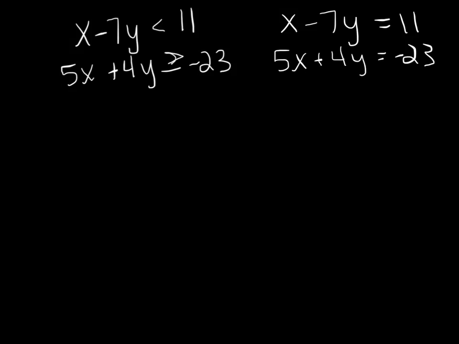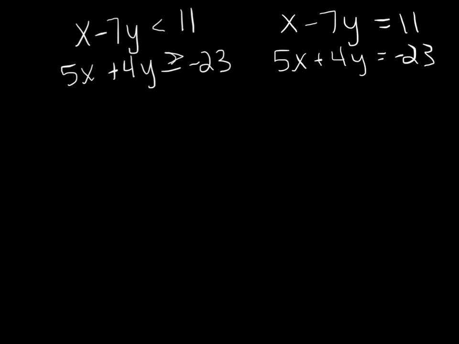So if we're doing our substitution method again, our first step is to solve one of the equations for one of the variables. So if we're taking a look at these over here, I'm going to look at my equations and find something that looks like just a variable that only has a 1 as its coefficient, because it's easier to solve for.